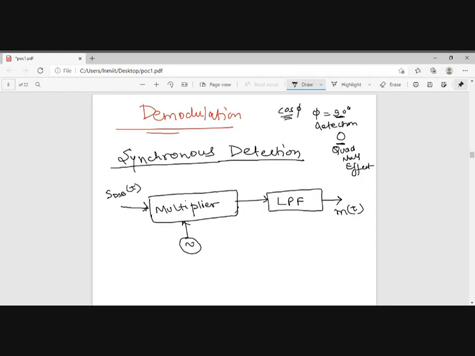But if there is a phase difference of 90 degrees, cos phi will make it 0. That means although some signal is incident at the receiving end, after detection my circuit is making it zero. So this is known as the quadrature null effect.